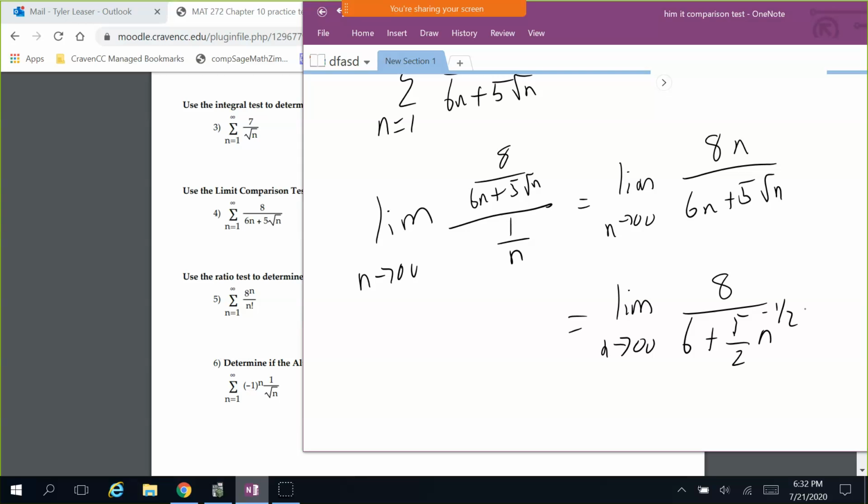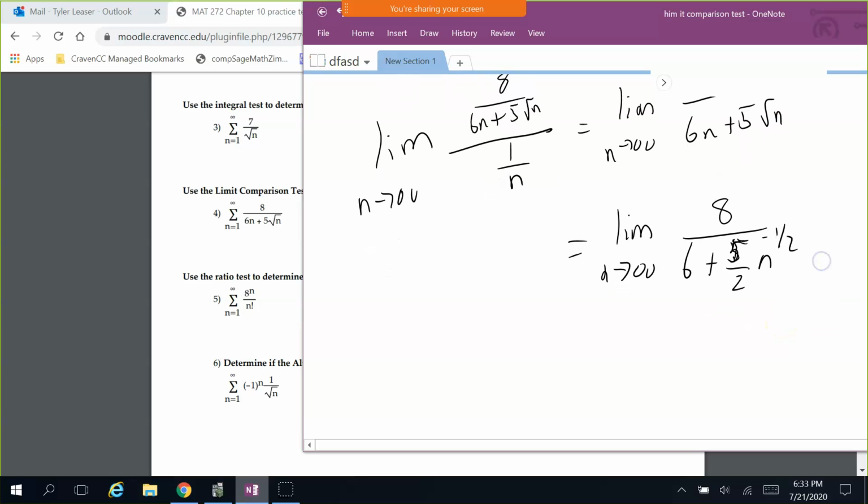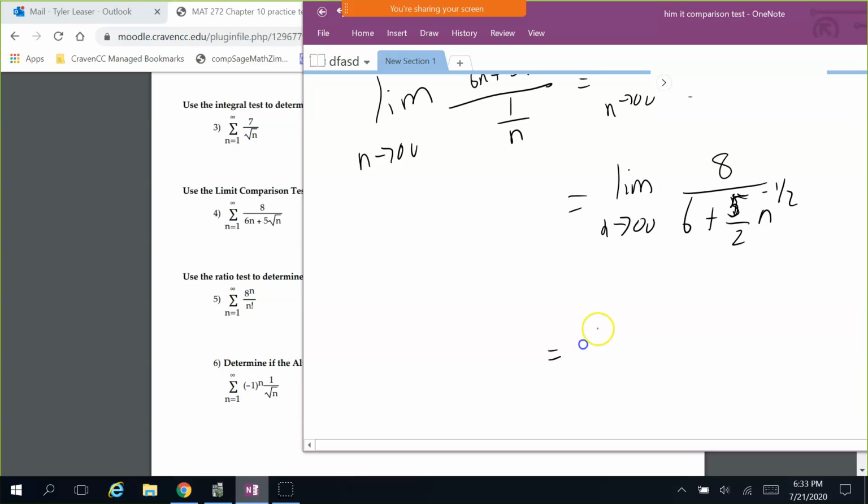Okay, so again, my handwriting's bad, sorry. The 8n just goes to 8. 6n would go to 6 as the derivative. This is 5n to the 1/2, so we multiply that 1/2 on the 5, and then we take 1 away from the exponent. This negative exponent I can bring to the denominator of that little fraction there and write it like this.